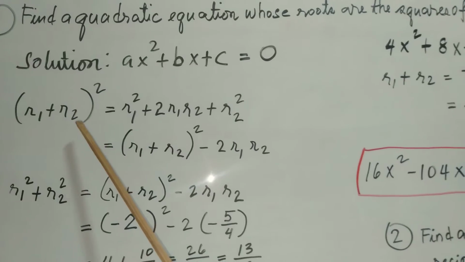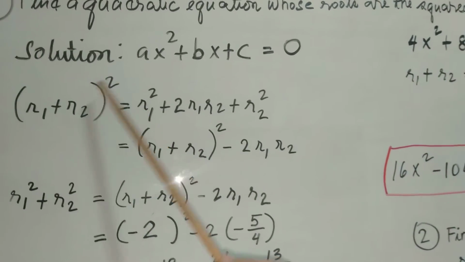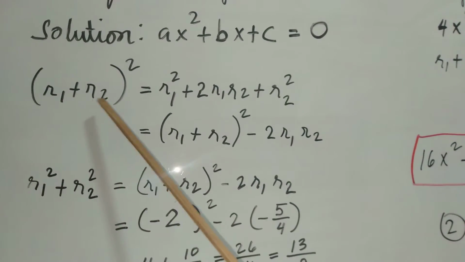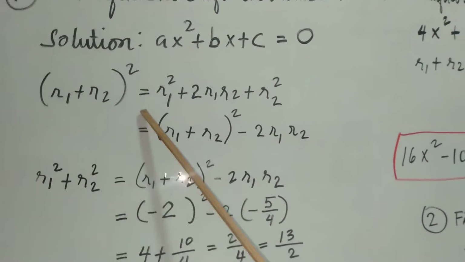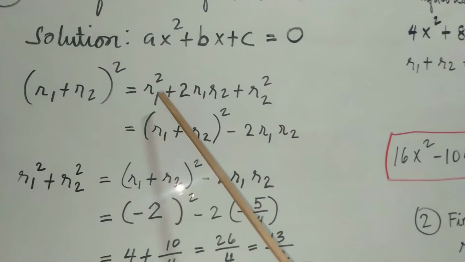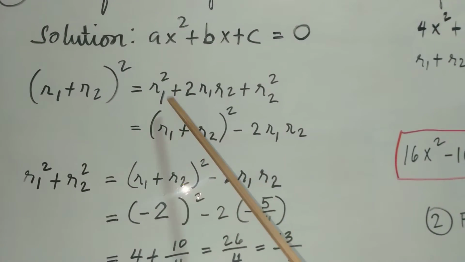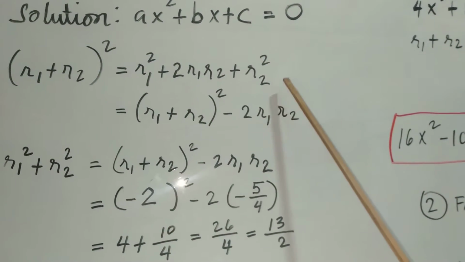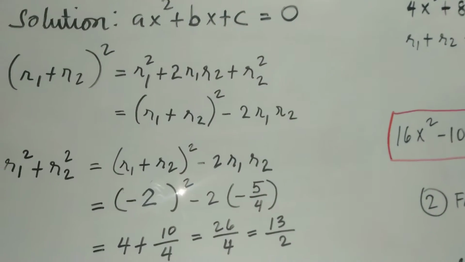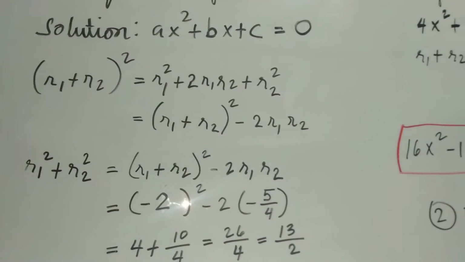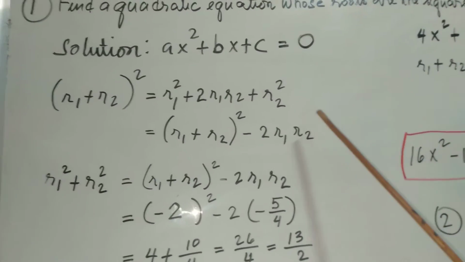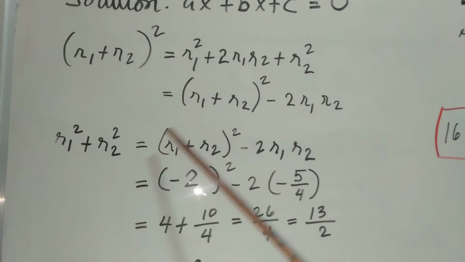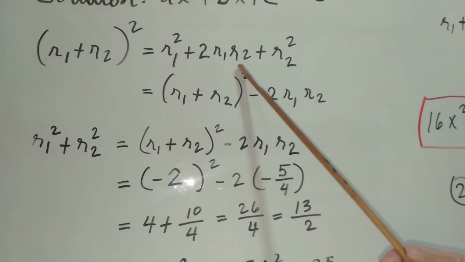Since we are asked to find the squares of the roots of the equation, we know that R1 plus R2, if we square the sum of the roots, that will be equal to the square of the first term, R1 squared, plus 2 R1 R2, plus the square of the last term, R2 squared. So to get R1 squared plus R2 squared, we need to get rid of this second term.